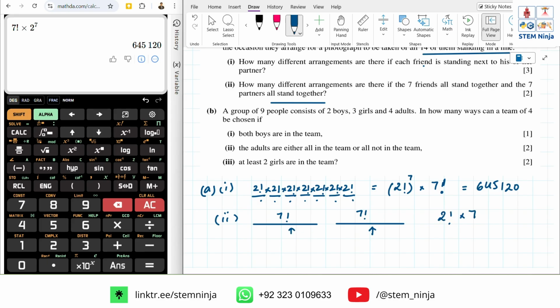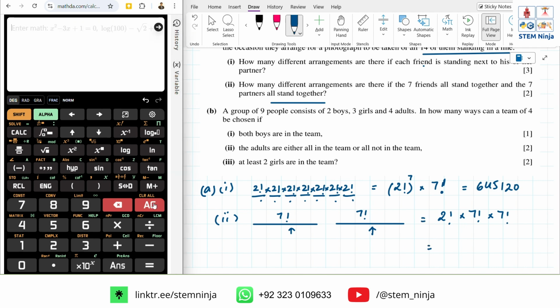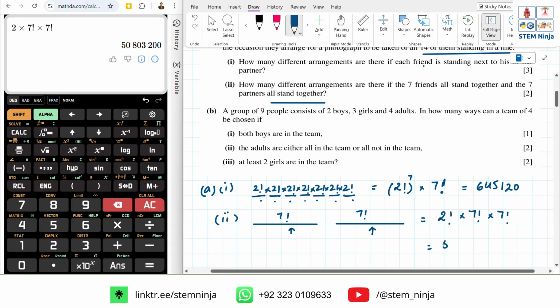So 2 factorial times 7 factorial times 7 factorial. So this would be 2 times 7 factorial times 7 factorial, which is 50,803,200.